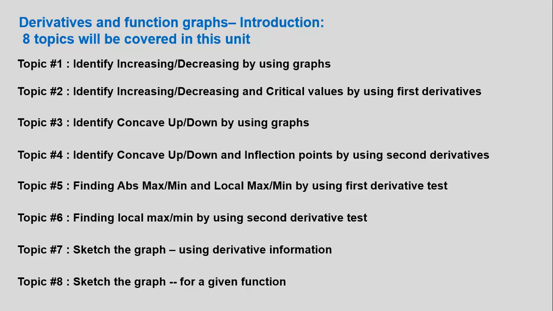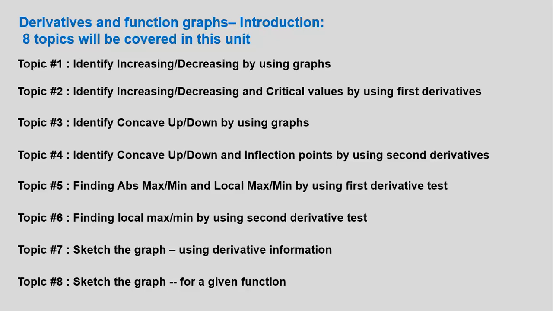I'm not going to tell you what exactly the function looks like. I might tell you the first derivative is greater than 0 on this interval and the second derivative is less than 0 on that interval. Based on that derivative information, can you roughly sketch the graph? Of course, because I don't have a function, we won't get an exact graph, but you can roughly sketch it.